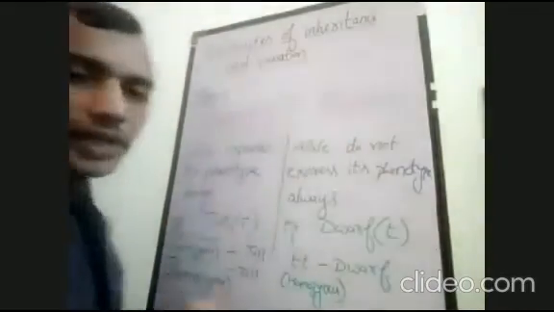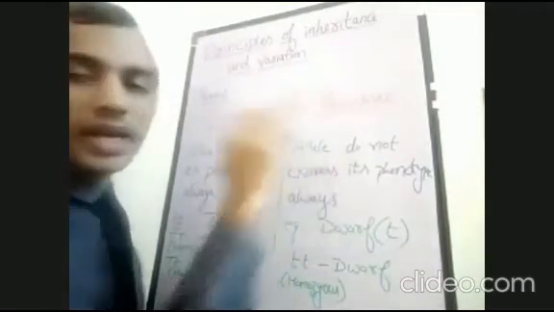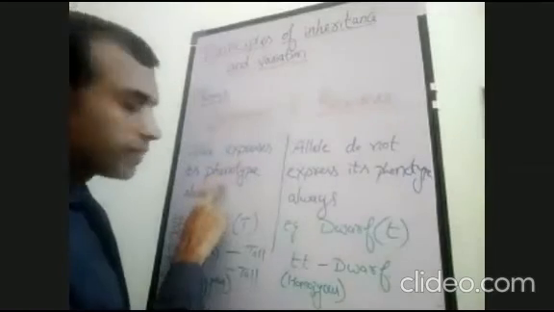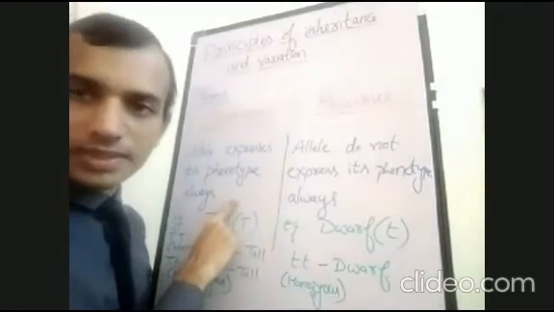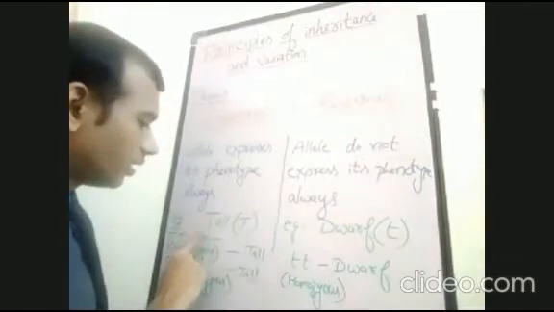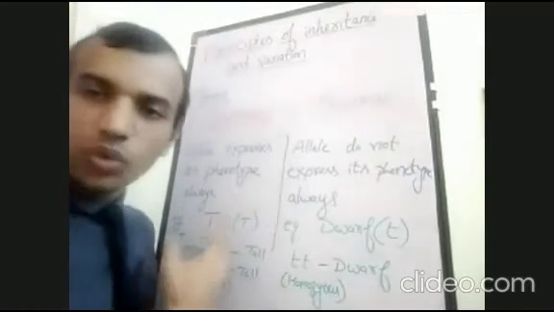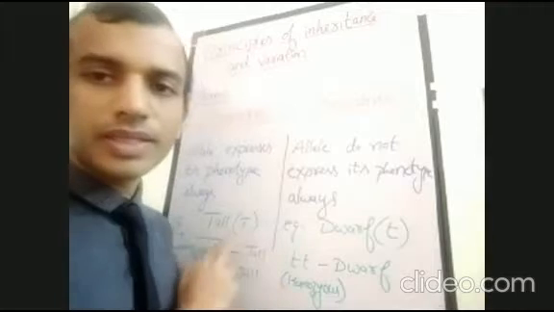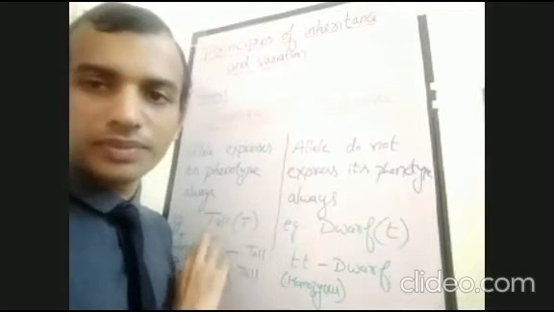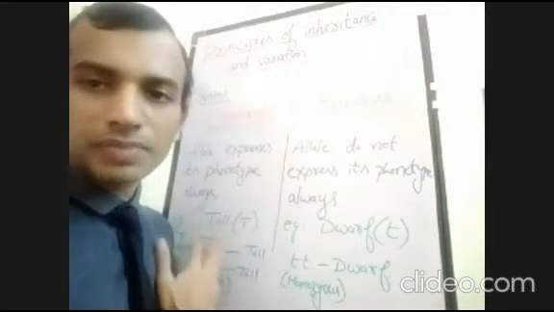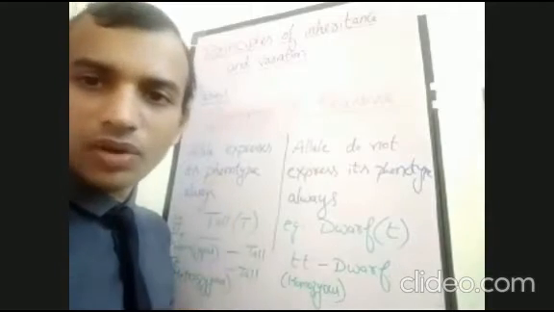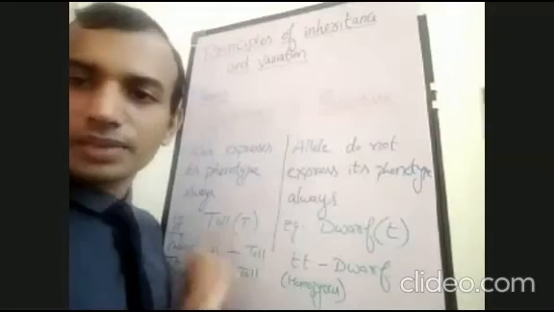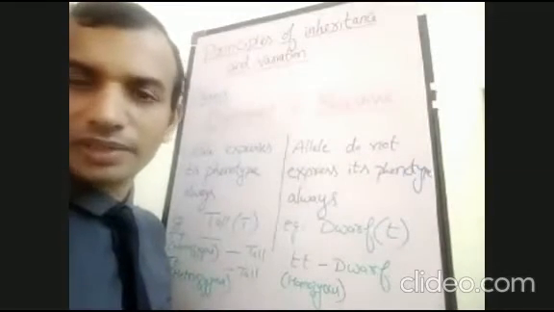So accordingly, we call them dominant and recessive respectively. An allele that expresses its phenotype always, whether in homozygous condition or heterozygous condition, this character will always appear. The phenotype will always be seen. Then we call this a dominant character, and the allele that expresses is called the dominant allele.